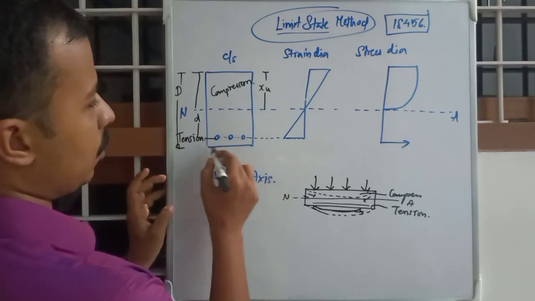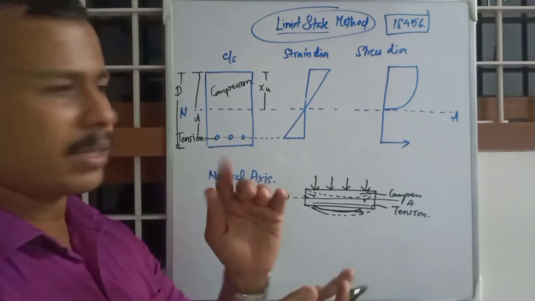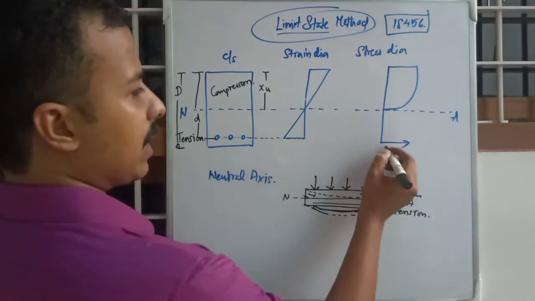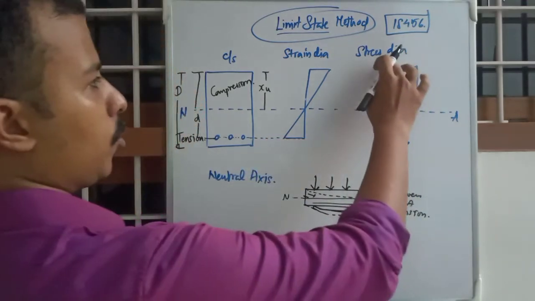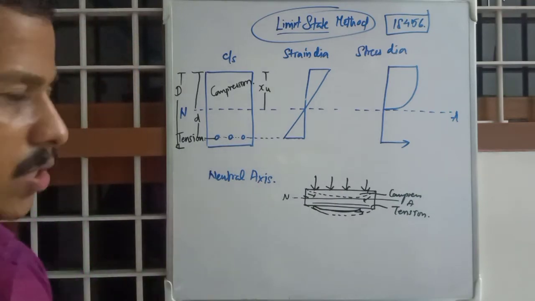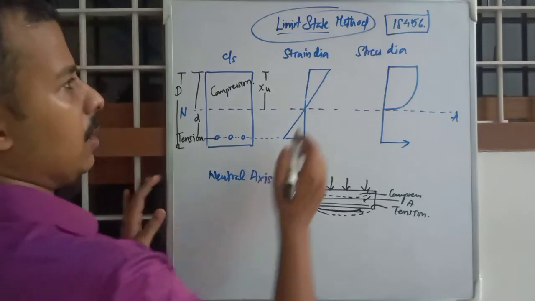This portion is called the cover portion. That portion is provided only to protect the steel reinforcement, nothing else. Okay, so all the strain and stress diagram will be up to only d, from the top portion to the steel portion. So in this strain diagram, you have some assumptions.